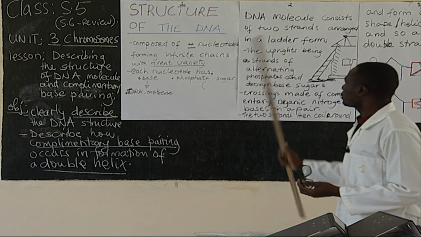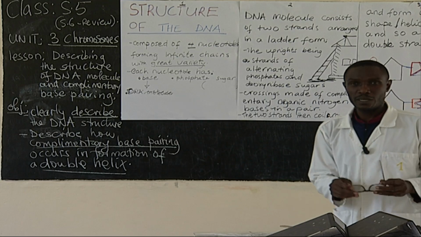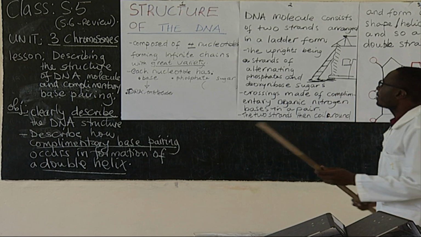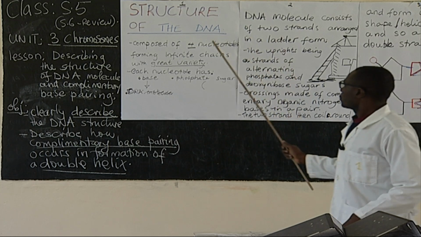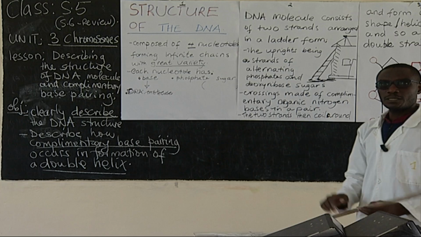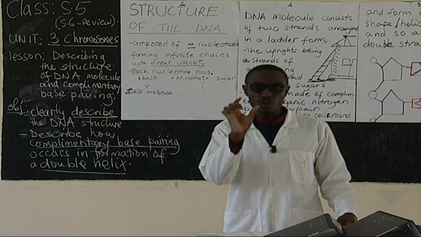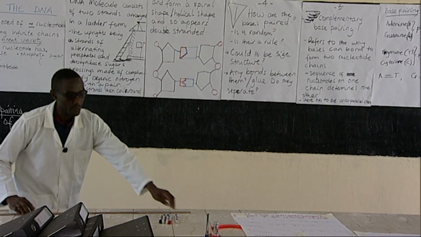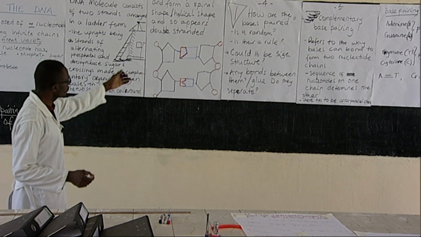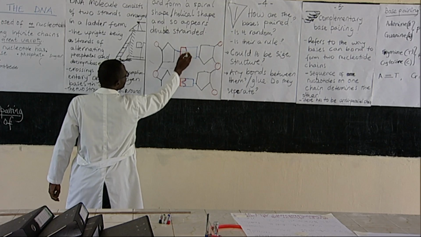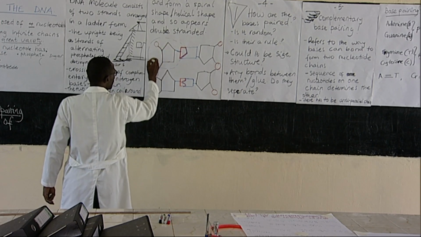So, the structure of the DNA, excuse me, I need to put on my glasses to be able to read very well. You have one, composed of 4 nucleotides. Last time we looked at a nucleotide, the smallest unit, the small part out of all this structure. Remember, last time we said if we are to look at this, then this is our nucleotide, one nucleotide.